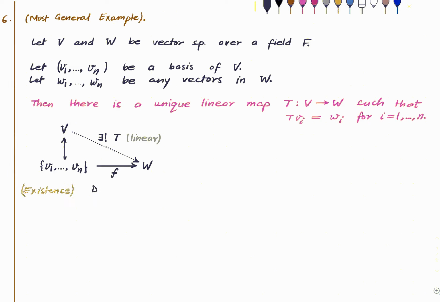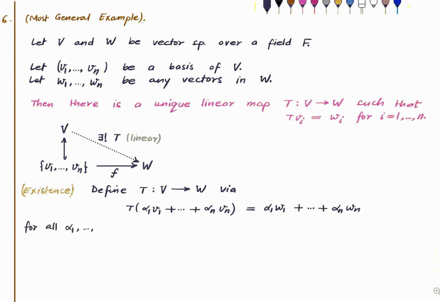So just define T from V to W by declaring T of alpha_1 v_1 plus ... plus alpha_n v_n to be equal to alpha_1 w_1 plus ... plus alpha_n w_n, for all scalars. Okay, so this is our recipe.